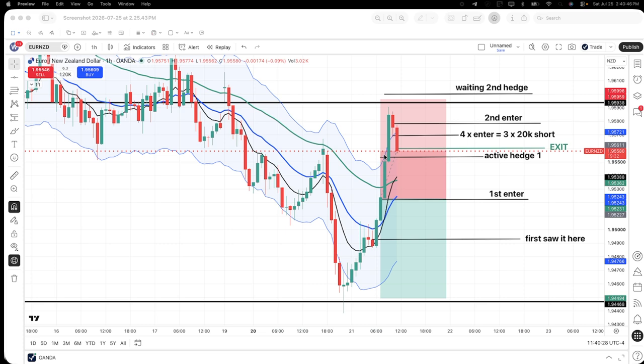But I'm very allergic to losing. So instead of clicking stop loss, I placed another trade, same size, 20K, but in the opposite direction. So here I was 20K short, and here I was 20K long. So from now on, this loss was not really a booked loss.